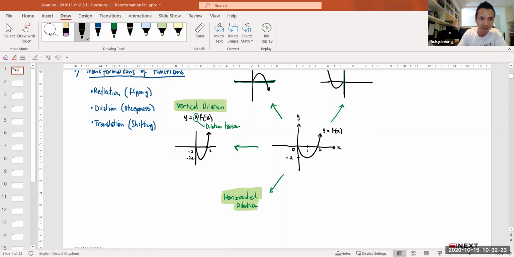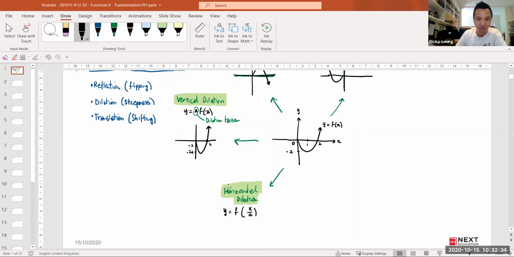Which means if I want horizontal dilation, I divide the a inside where x is, to get the effect of stretching and compressing on the x. If a is big, it'll stretch on the vertical, upwards. And if a on the horizontal was big, it'll stretch on the horizontal axis.